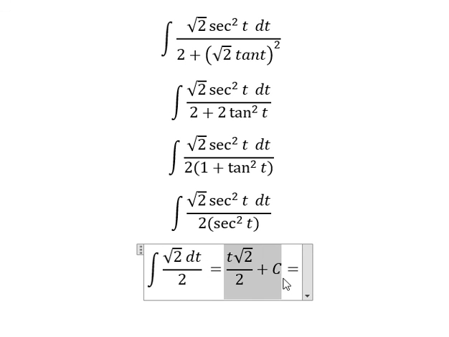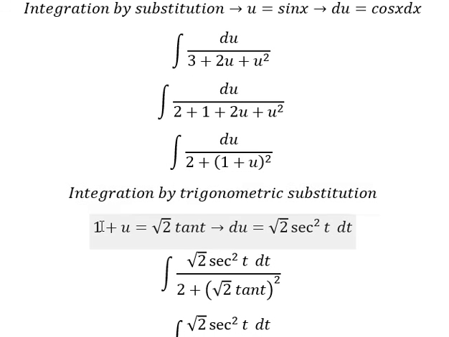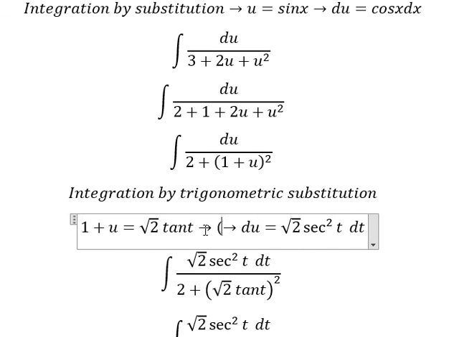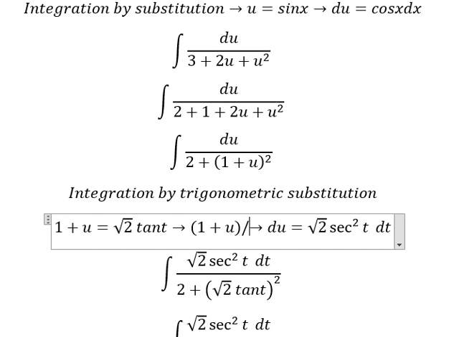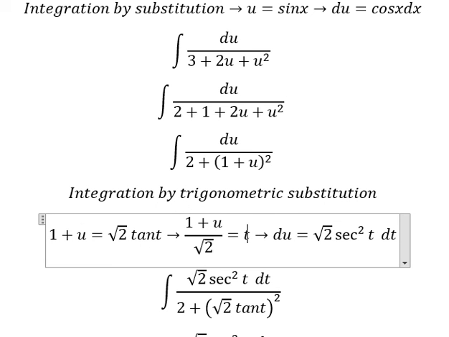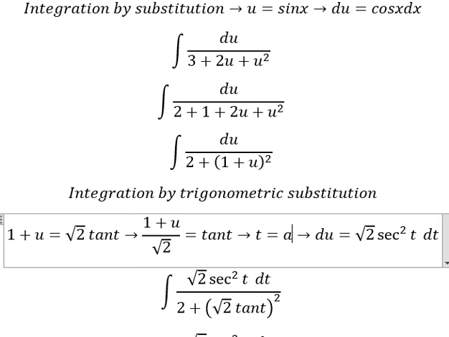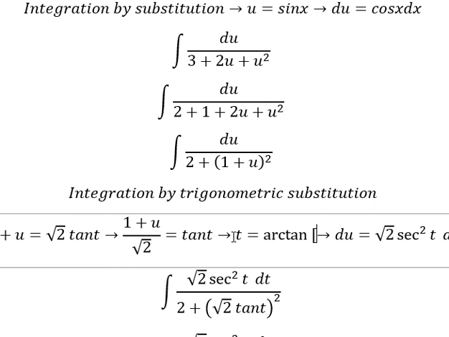About t in here, we need to return back in here. So we need to divide both sides by the square root of 2. And we get t equals arctan of this one.